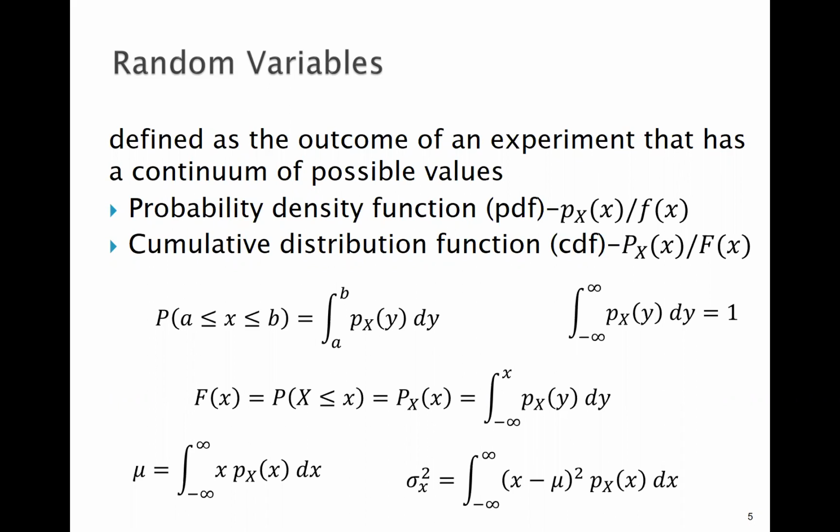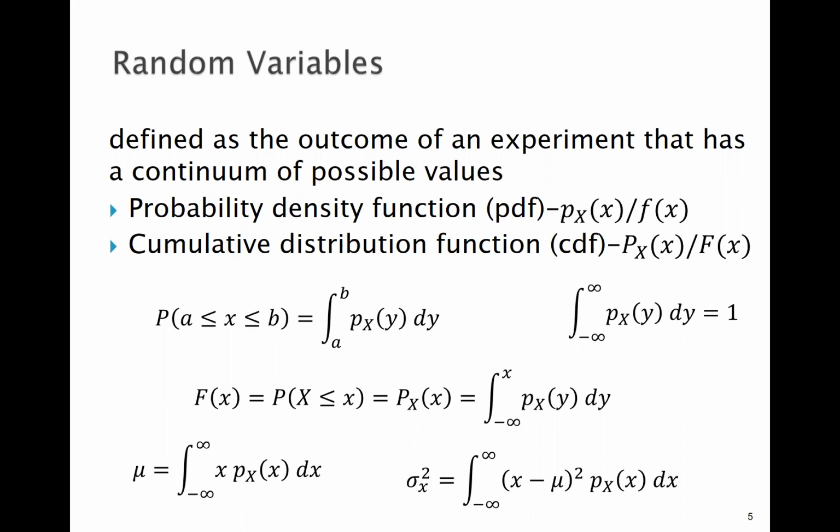Small x represents the values of this random variable. The cumulative distribution function, on the other hand, is denoted by capital P sub capital X of x or capital F of x. The probability of a value of a random variable X between a and b can then be written in terms of the probability density function.